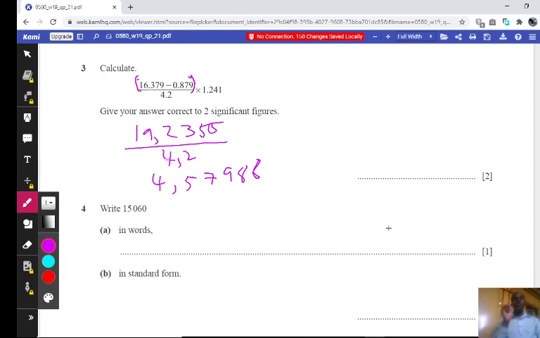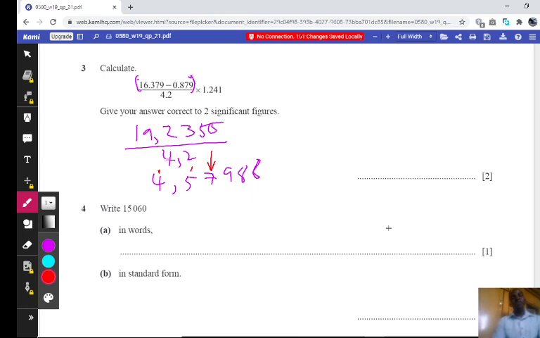But what you want are two significant figures, right? How do you put your answer to two significant figures? For significant figures, you start counting from the first non-zero digit. Non-zero means the first number that is not a zero. In this case, it's 4. So two significant figures, you say 1, then 2, then you look at the third number.